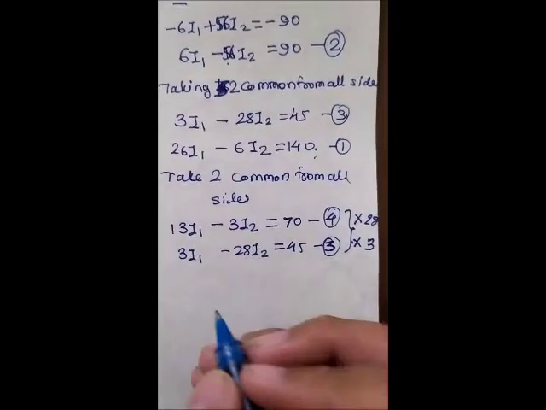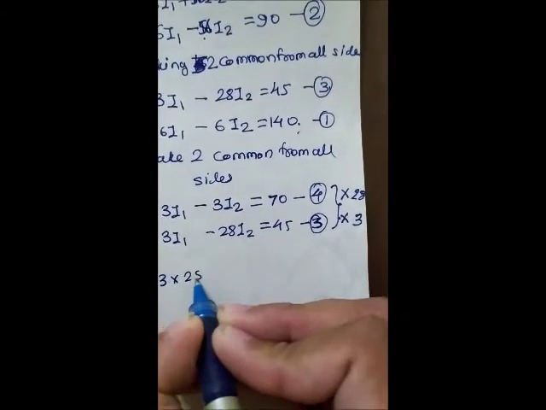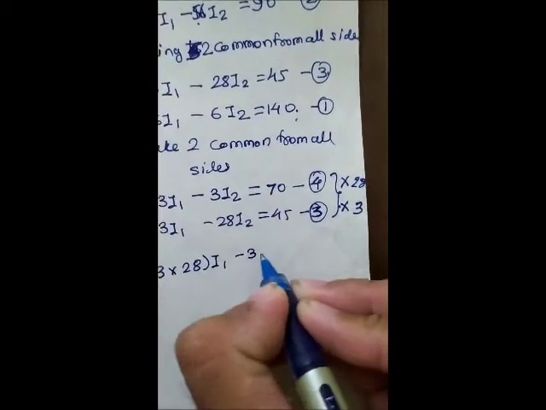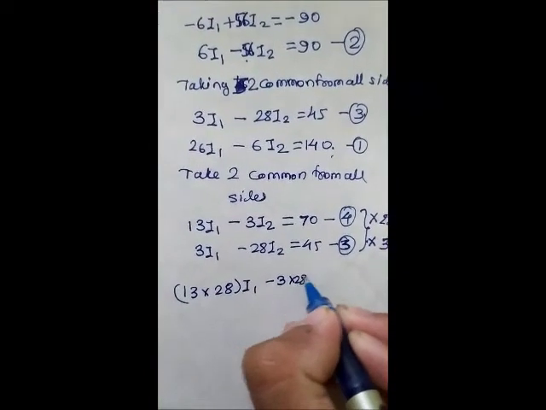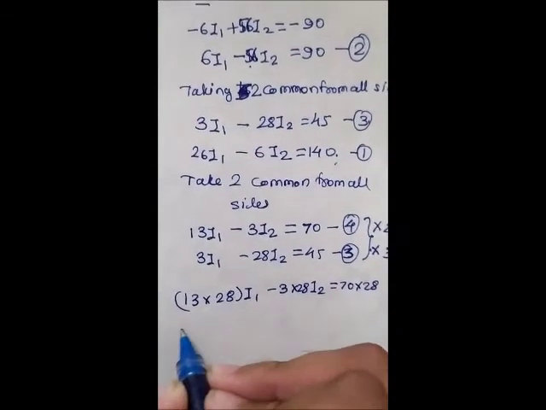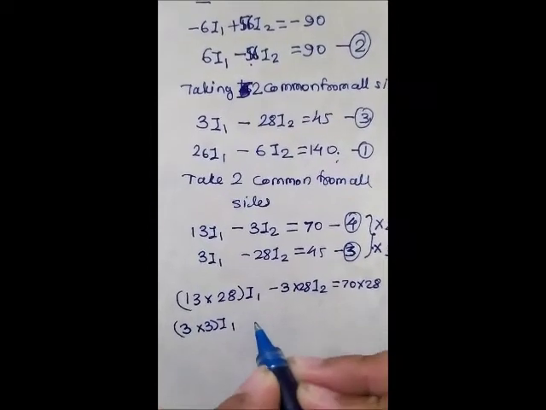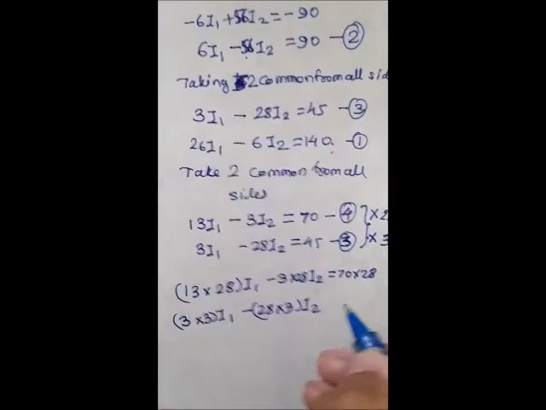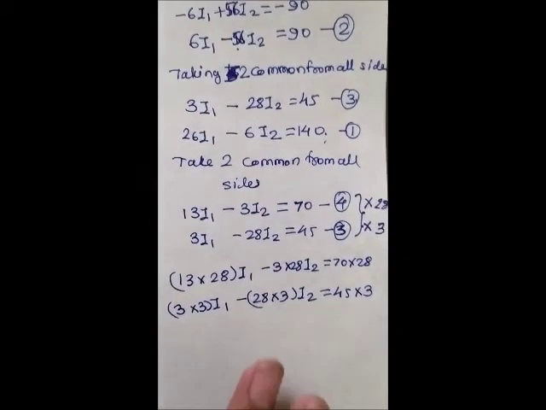So multiplying the given equations, you will get 13 into 28 I1 minus 3 into 28 I2 is equals to 70 into 28, and 3 into 3 I1 minus 28 into 3 I2 is equals to 45 into 3.